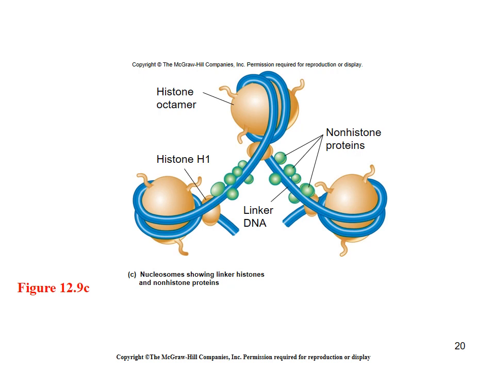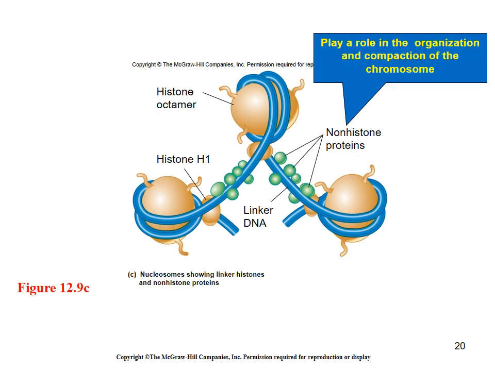All right, so here's our illustration with our linker protein, and I know there's a little box. Here you go. So it tells you don't ignore the histone H1, because that is our linker protein that still plays a very important role in the compaction of the chromosomes.